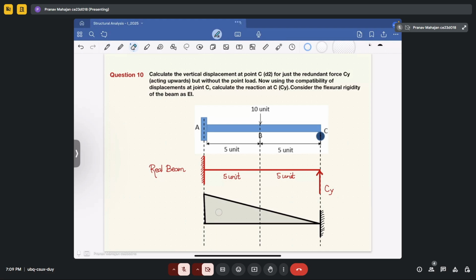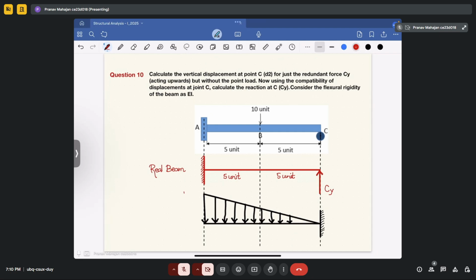And if I talk about the loading, the loading is almost linear along the length of the beam like this, and the maximum value of loading in this case will come out as Cy into 10.